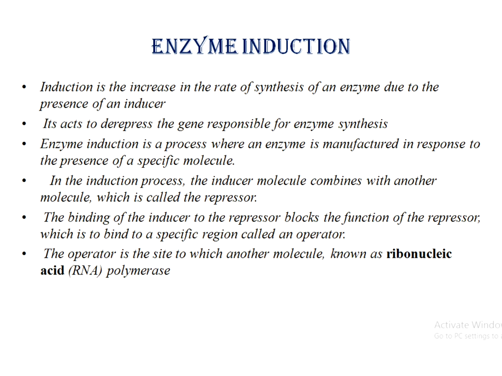This inducer binds to the repressor and blocks the function of the repressor, which otherwise binds to another specific site called the operator. And to this operator site, another molecule gets bound, that is RNA polymerase.